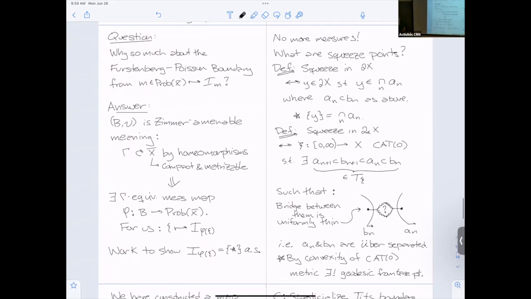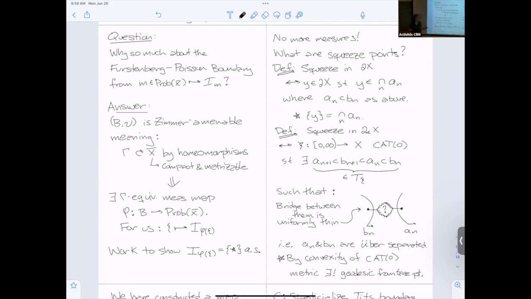Okay, so why is it natural to start from a measure, understanding probability measures on your CAT(0) cube complex, to get to the Furstenberg-Poisson boundary? I'm not going to say a lot about that, but it comes from the fact that the Furstenberg-Poisson boundary is Zimmer amenable. And this means that whenever your group is acting by homeomorphisms on a compact metrizable space, you always get a gamma equivariant measurable map from that boundary to probability measures.